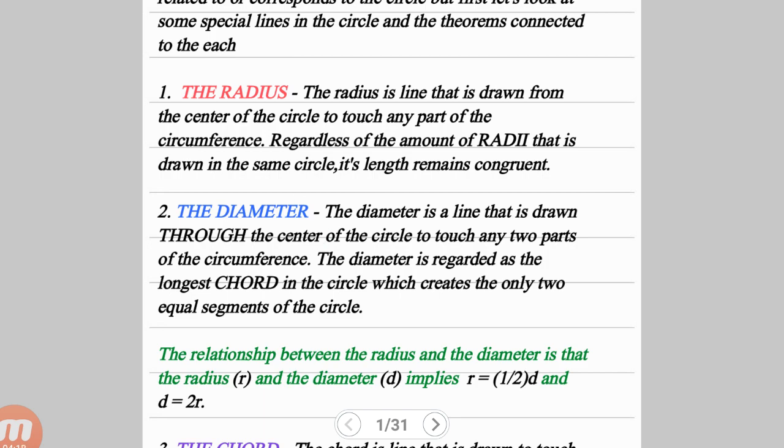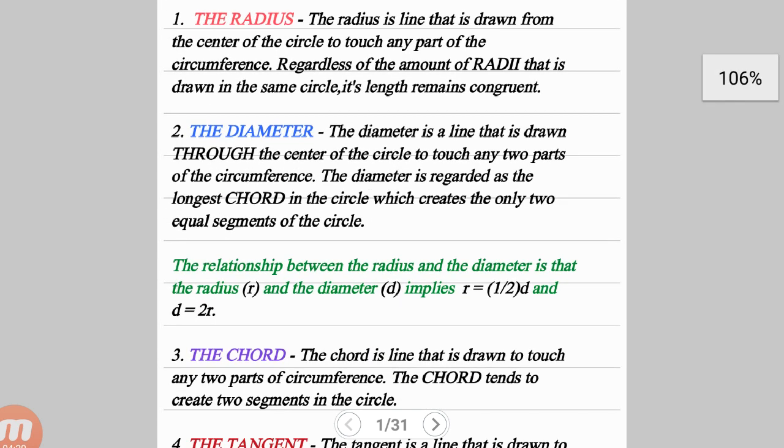The next line that we're going to be looking at is the line connected to the radius. By extension, it's called the diameter. The diameter, by definition, is a line that is not just drawn to touch the center of the circle, but is drawn through the center of the circle to touch any two parts on the circumference.